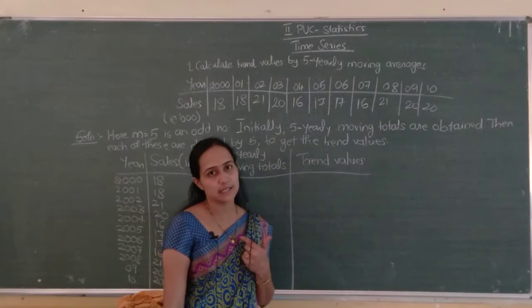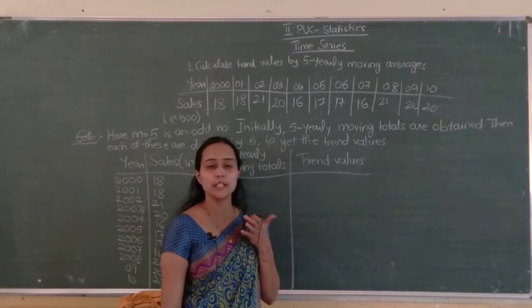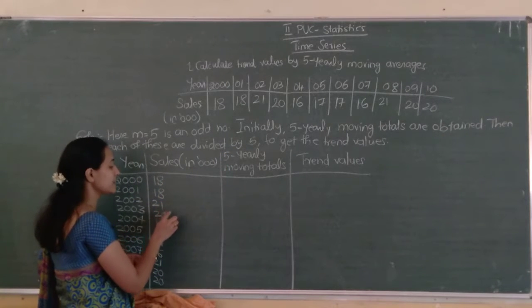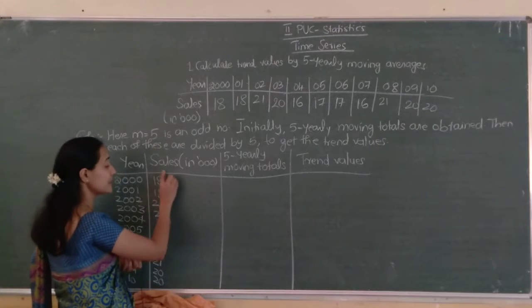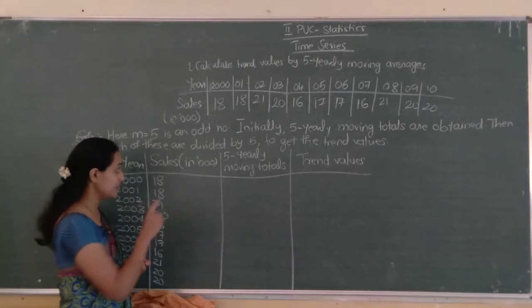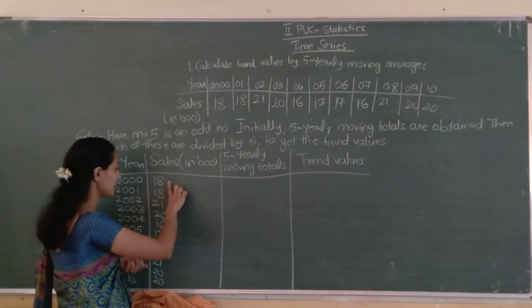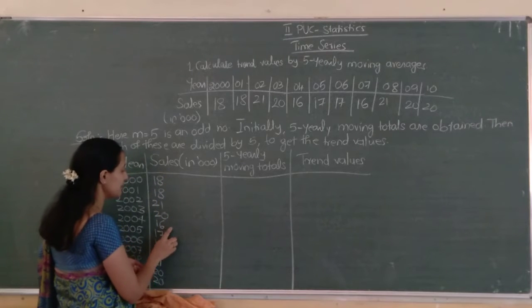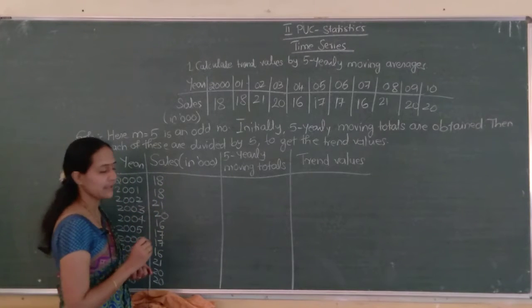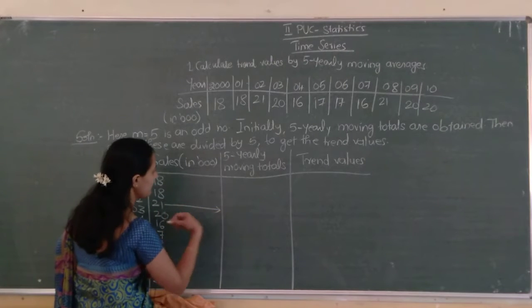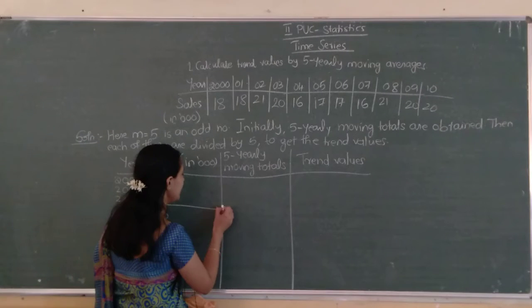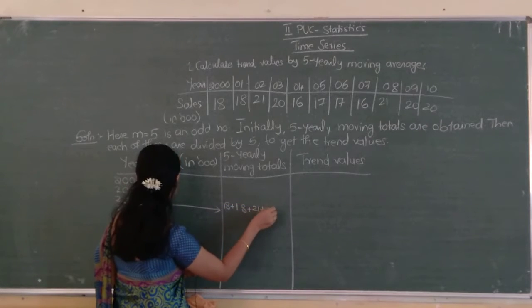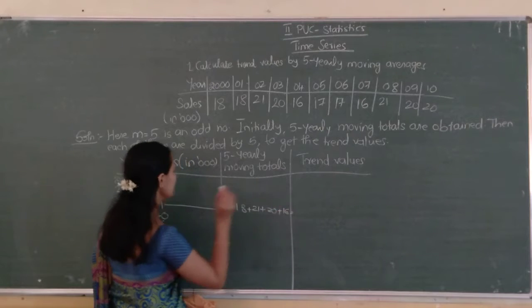How to compute the 5 yearly moving total: 18 plus 18 plus 21 plus 20 plus 16. The first 5 sales in total, where do I write it? In the middlemost, that is, against the third observation, against 21.